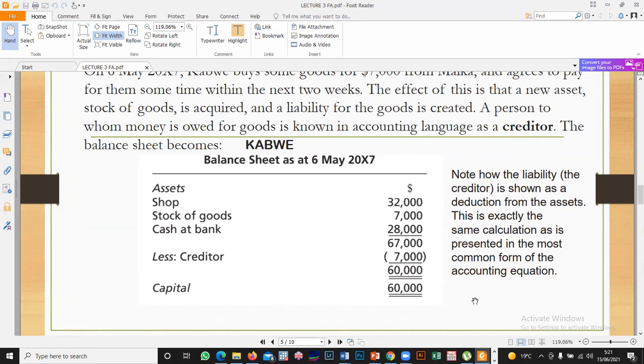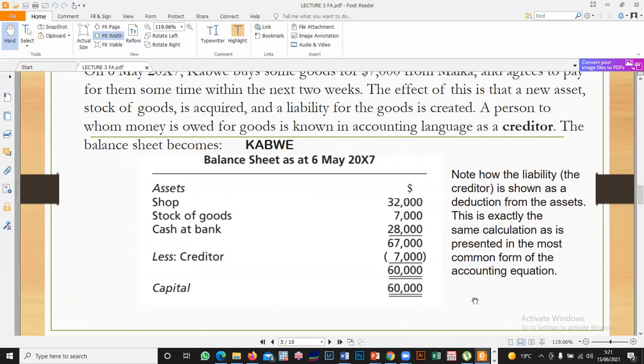Then the cash at bank still remains, because remember, the amount we've gotten is on credit, so we're paying it later. Because we haven't yet paid it, we are going to remain with $28,000 at the bank.